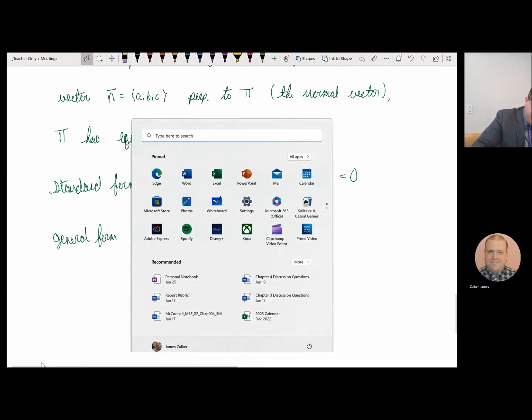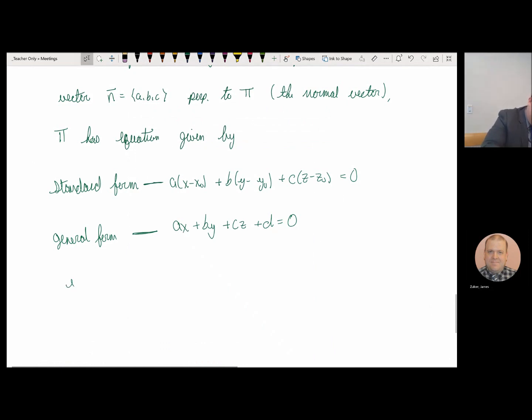You can get general form from the standard form. Again, typically speaking, unless the problem specifies, it doesn't matter which form you give, either standard or general.